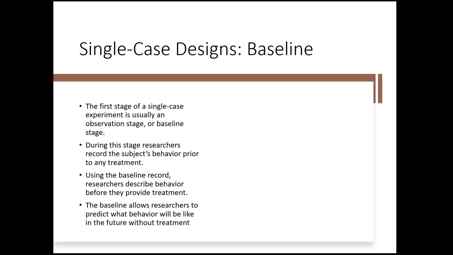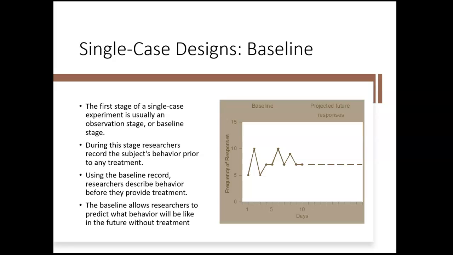That allows you to predict what the behavior is most likely to be like in the future if treatment is withdrawn or if treatment never occurs, for example. So in this graphic that I found, you're going to say the frequency of responses. Let's say this is verbal outbursts, and maybe that's something you want to reduce in the future. Then you can make a prediction. You're going to project your hypothesis.